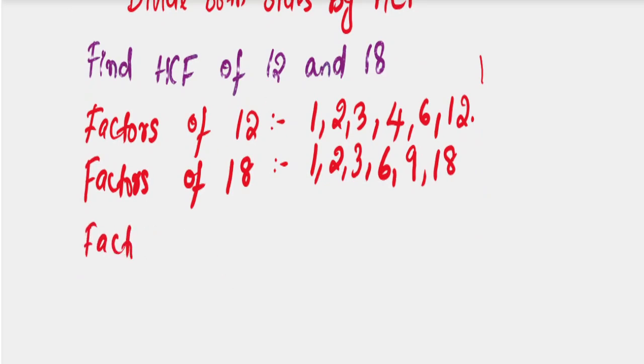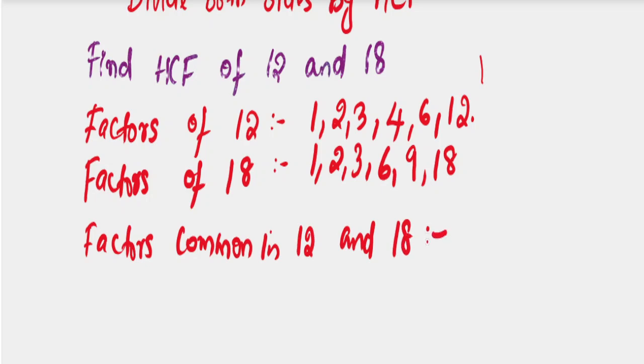The factors common in 12 and 18 are 1, 2, 3 and 6, right?